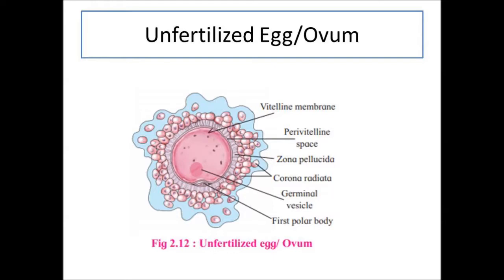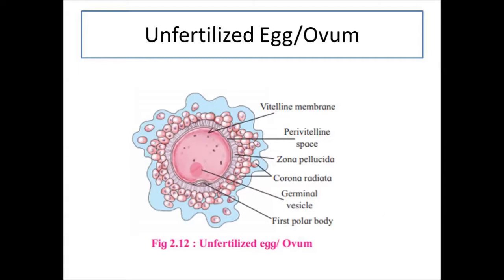The nucleus of the egg appears large and is called the germinal vesicle. The typical nucleus is formed at the time of fertilization only. The cytoplasm of this egg is also called ooplasm, which is present in the ovum or the secondary oocyte.